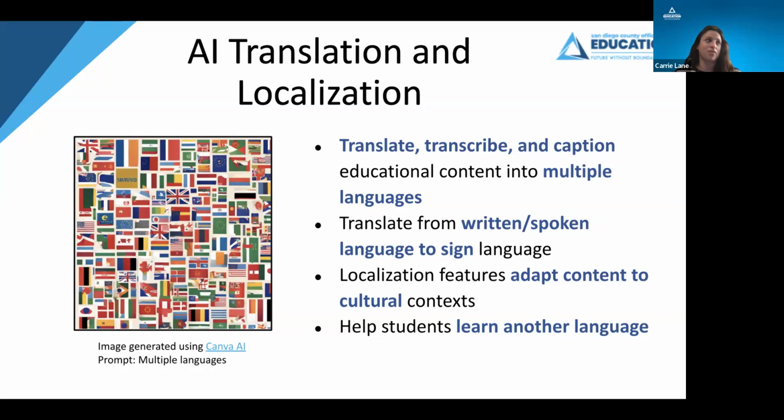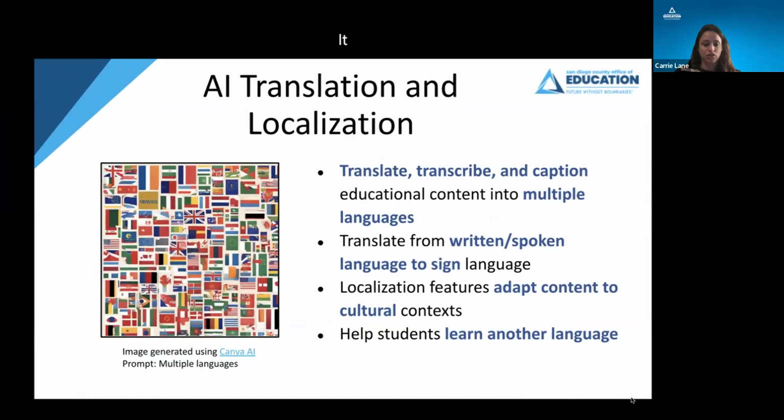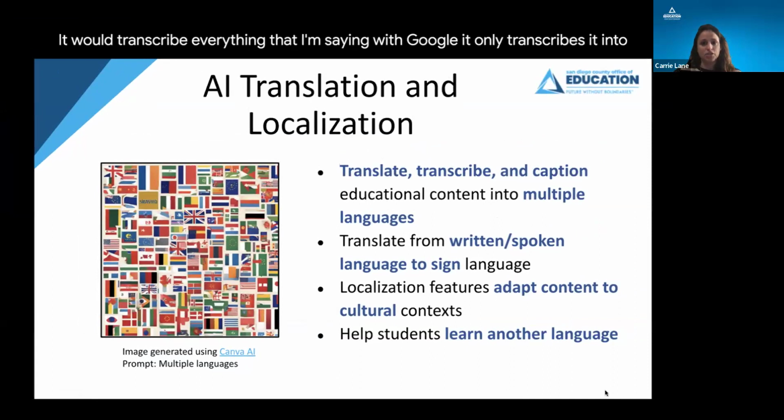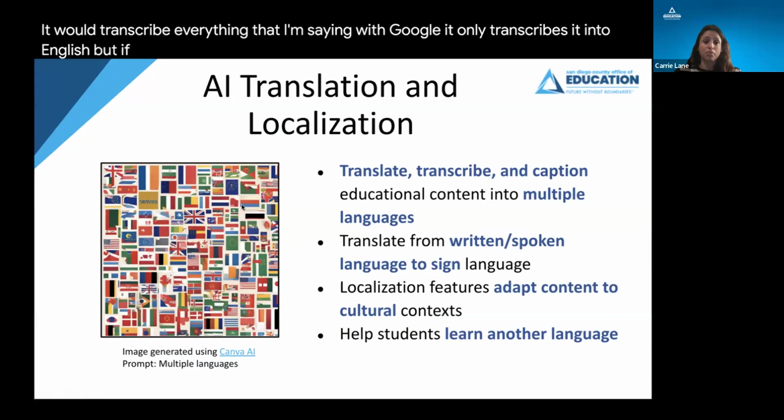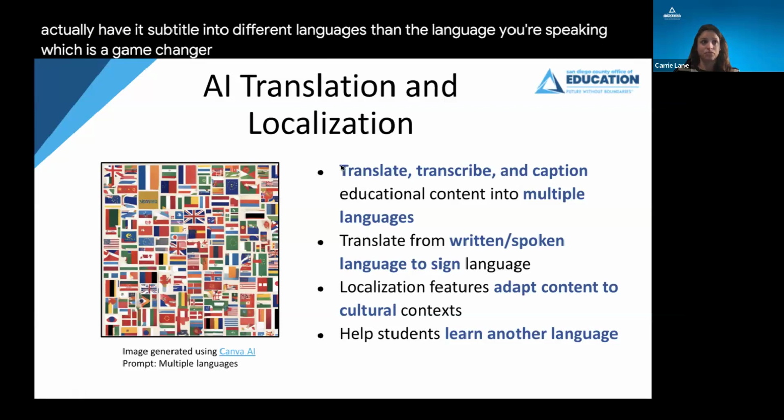For example, within this Google slide deck, I could turn on my captions right now and it would transcribe everything I'm saying. With Google, it only transcribes into English. But if you're using Microsoft, and we'll look at this in a couple of minutes, you can actually have it subtitle into different languages than the language you're speaking, which is a game changer.